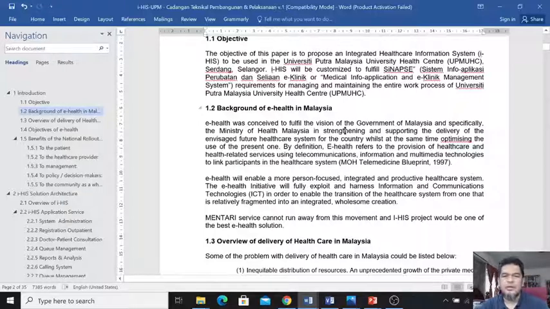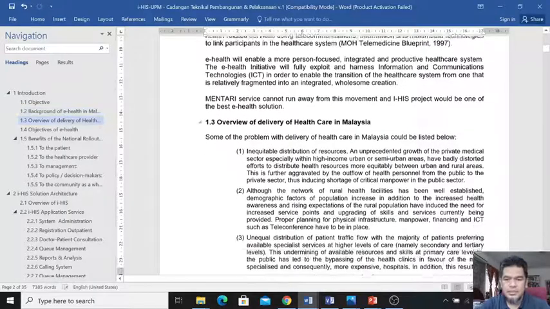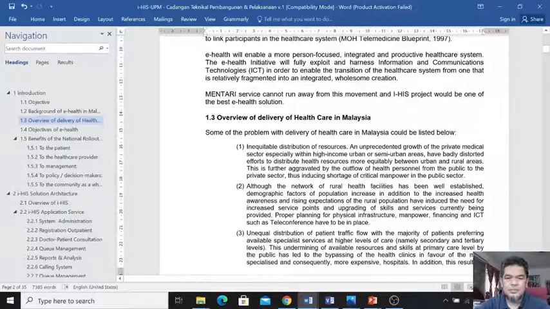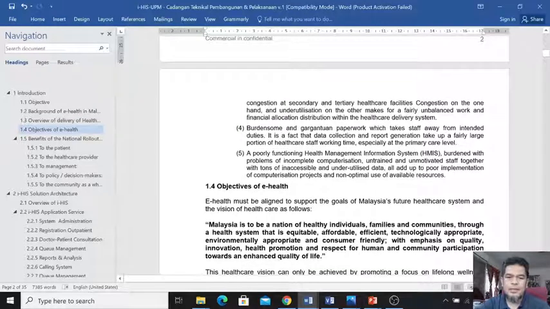So we talk about e-health in Malaysia, the overview of healthcare delivery in Malaysia. Why it's so important for the organization, because the Ministry of Health Malaysia has already started to computerize their business process. So this is like promotion, what you propose to do.